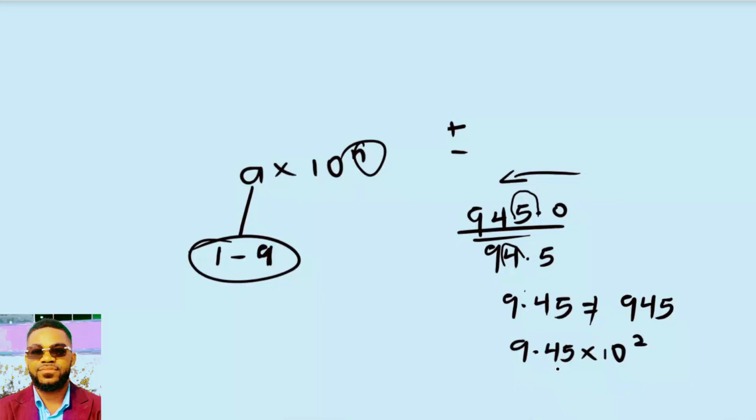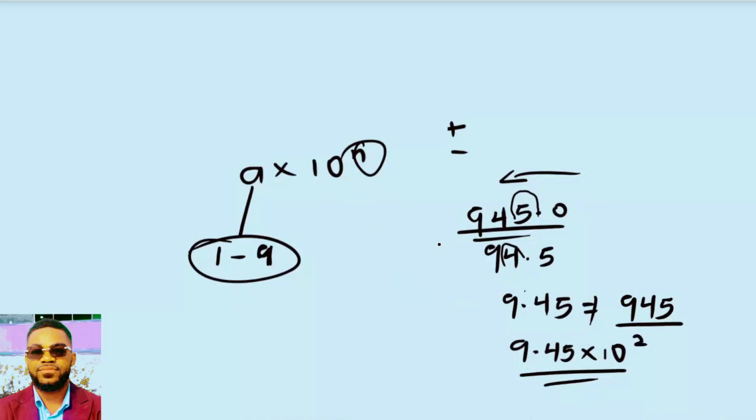And this number, 9.45 times 10 exponent 2, is the same as 945. They are the same. So even though I've changed the format by which it was written, they are still the same. So we have written this one in standard form, but we have not changed the original number. So that is why we always have a power of 10.